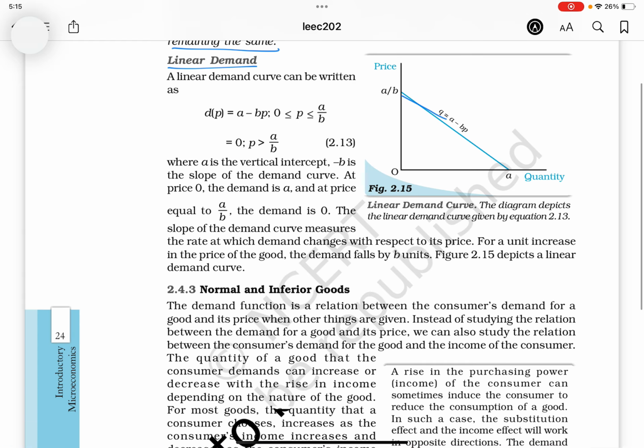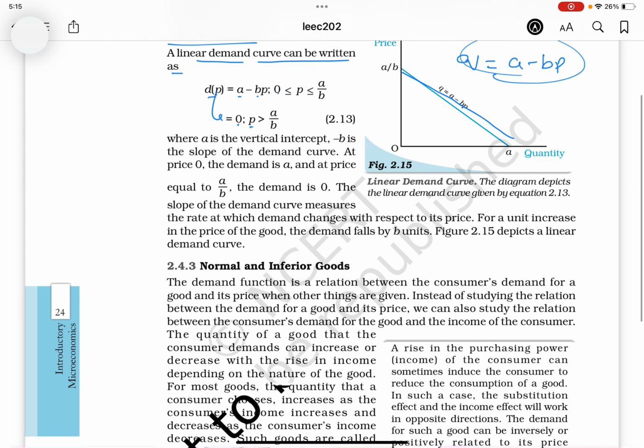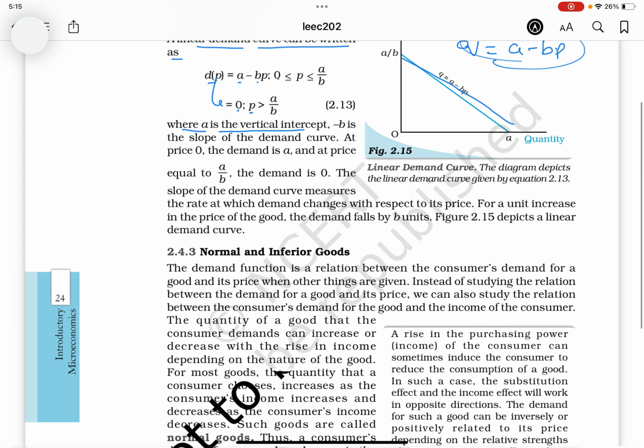Linear demand: Q equals A minus BP. A linear demand curve can be written as d(P) equals A minus BP for 0 is less than or equal to P, P is less than A upon B, and d(P) equals 0 for P greater than A upon B, where A is the vertical intercept and minus B is the slope of the demand curve.